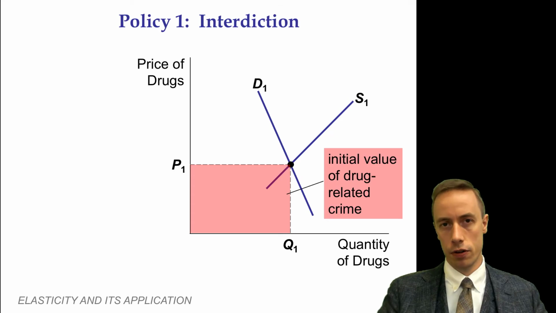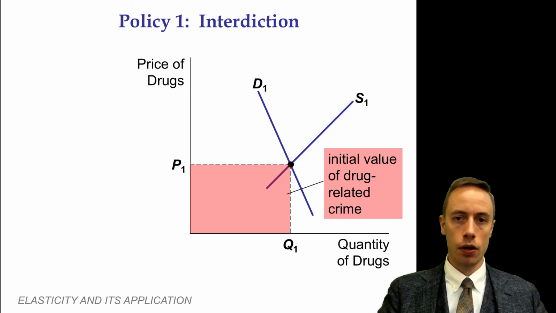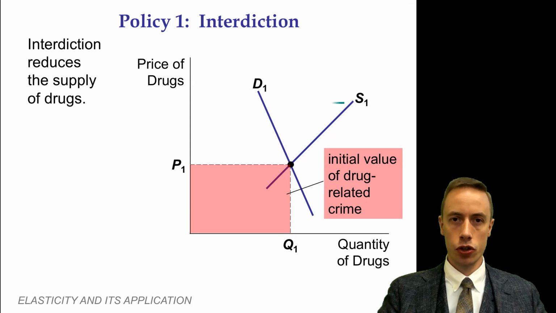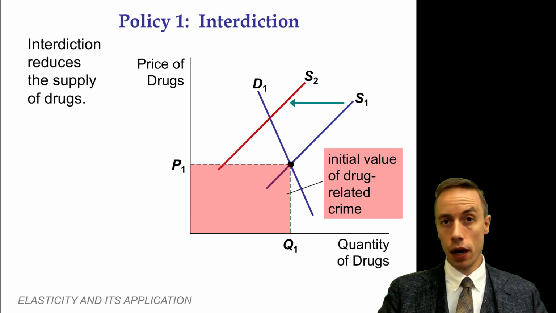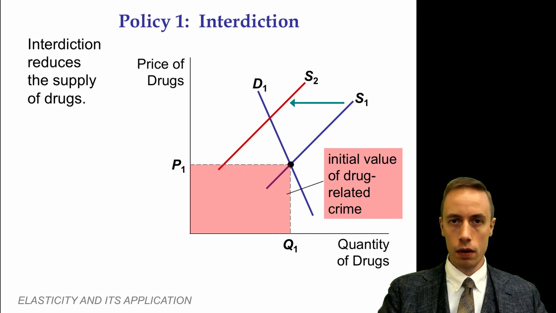Now let's ask ourselves, what happens if we try to fight drug use by targeting exclusively the supply of drugs? We've already learned that if you reduce the supply of a product, its supply curve shifts to the left. You already know if the supply of a product shifts to the left, price will increase, quantity will decrease. But now you have a new tool, elasticity.